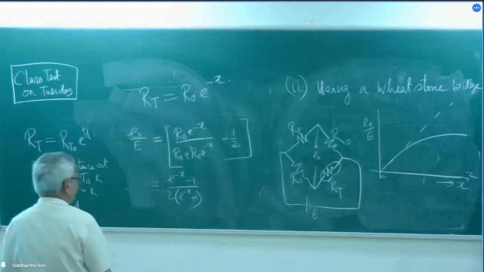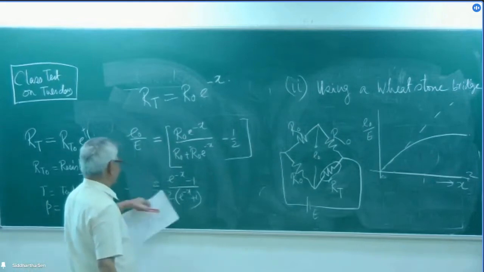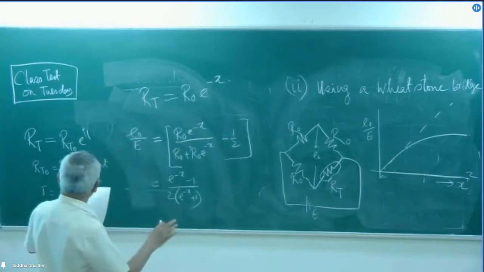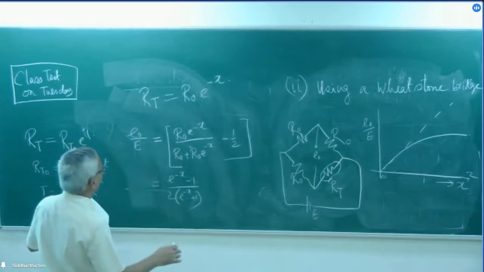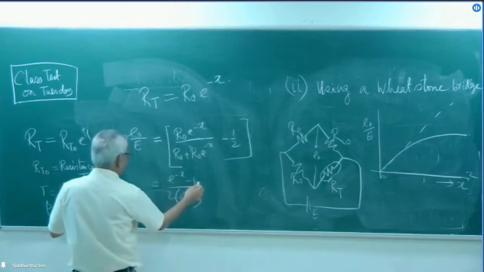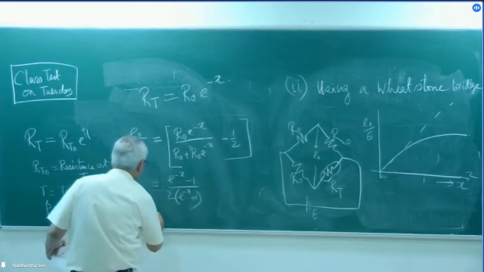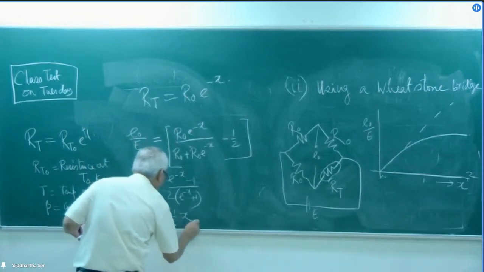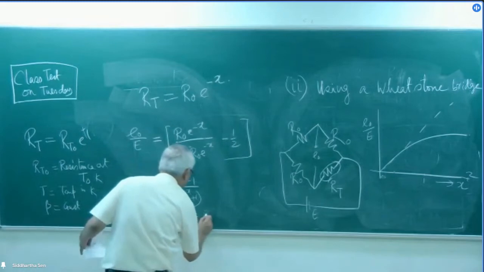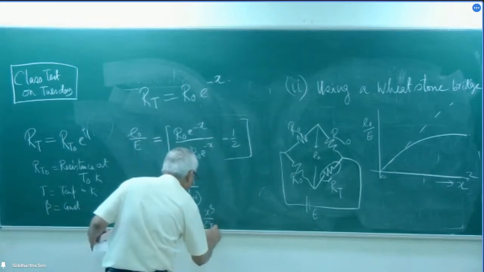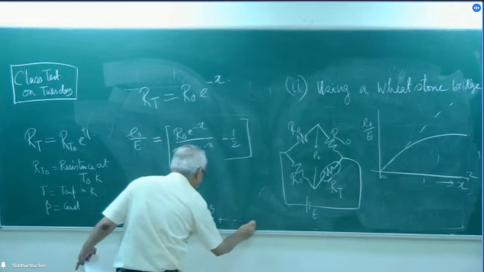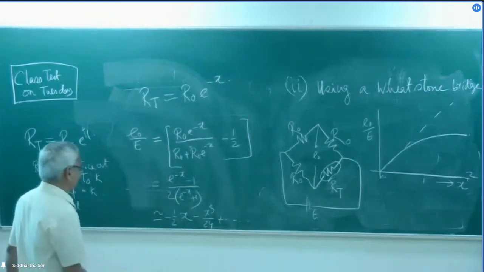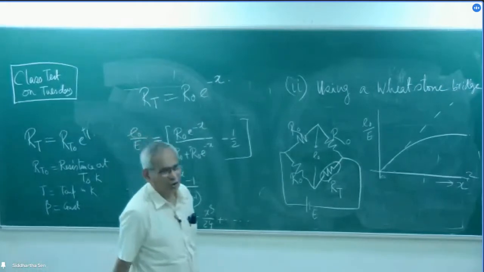And believe me, I will request you to try it yourself and be convinced. In a similar way, you just expand it and divide, and you will get an interesting result. It is minus half of x minus x cubed by 24 plus etc. So here also the coefficient of the x square term is not there.